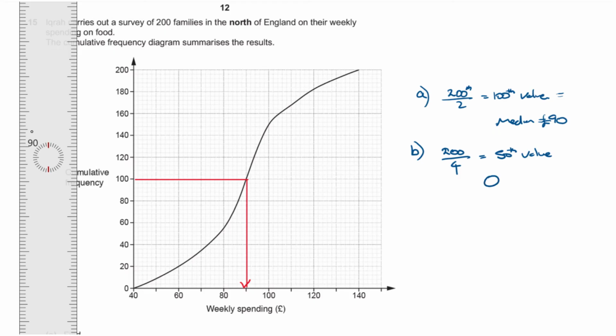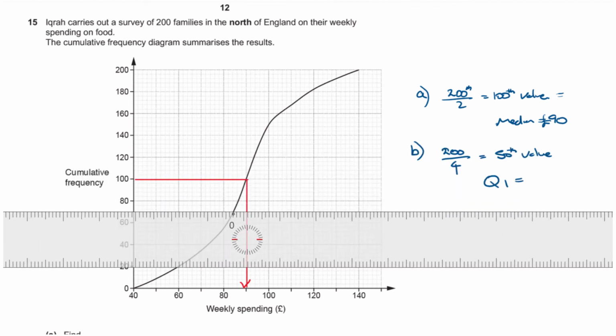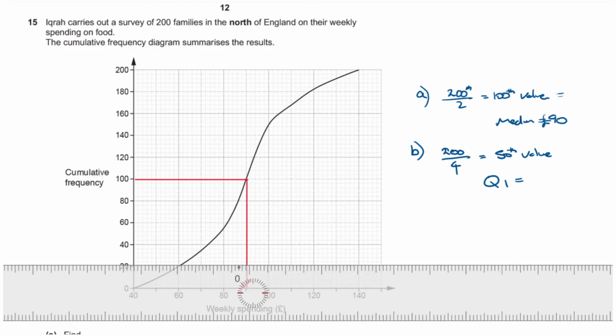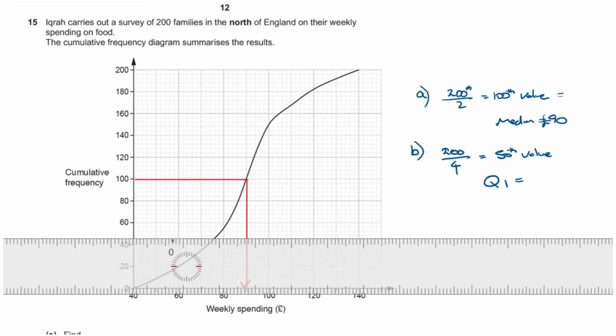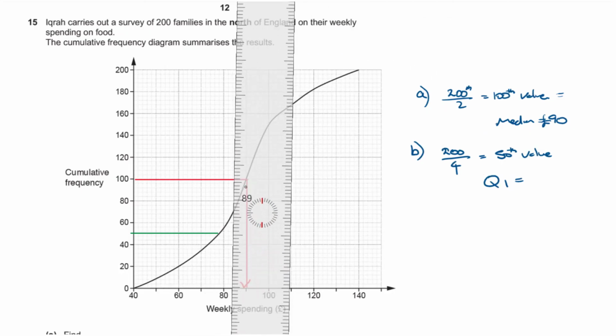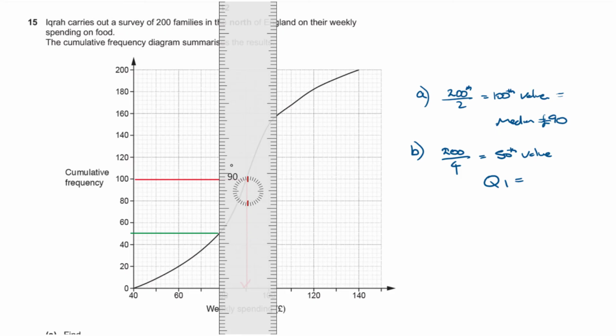That's Q1, isn't it? Okay, so Q1 is going to be reading across from 50. So where's 50? 50 is halfway between 40 and 60, isn't it? There. So reading across to the curve and changing direction, reading down.